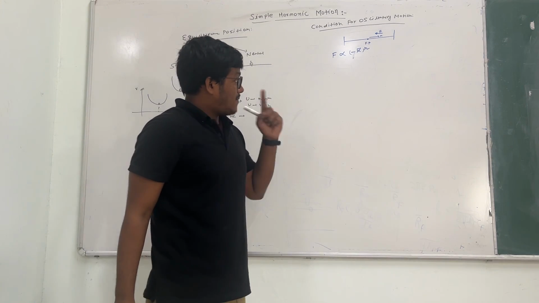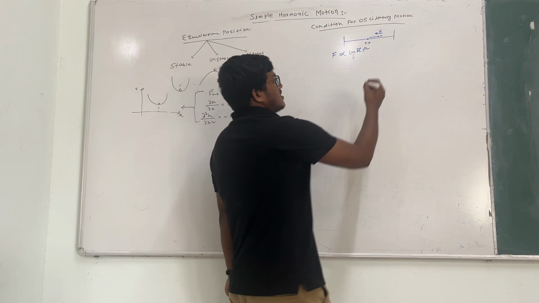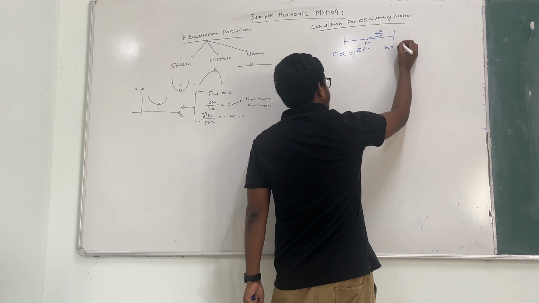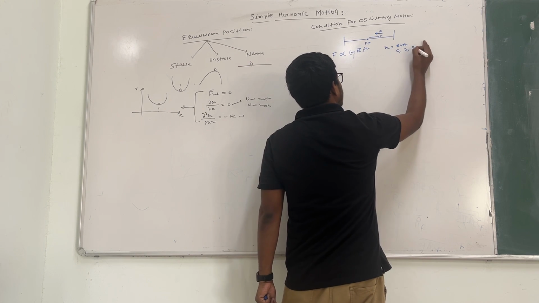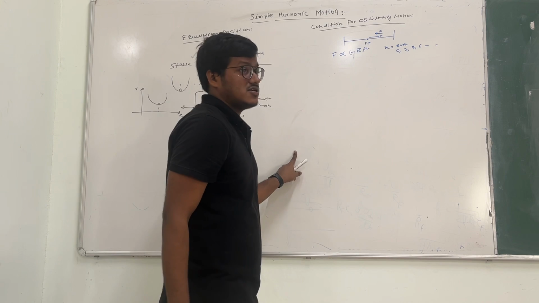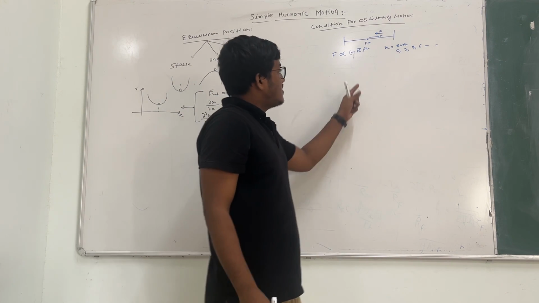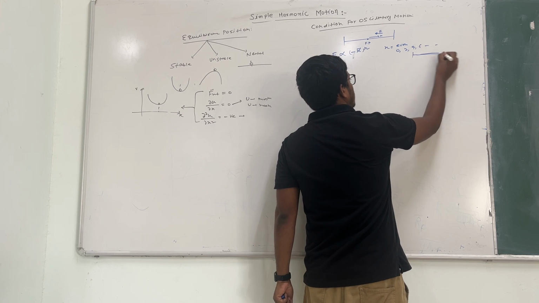But if you impose some mathematical condition, suppose n is even, 0, 2, 4, 6, in that scenario we are not going to get oscillatory motion. Because if n is even, then what is not going to happen?